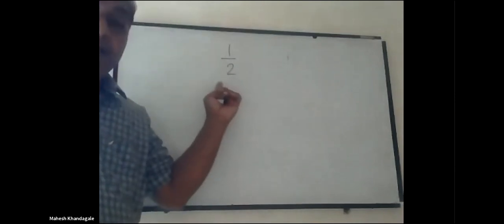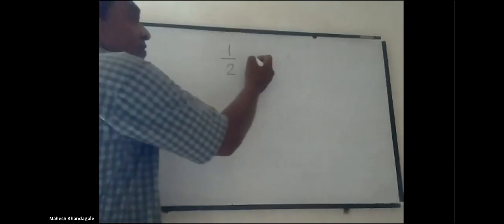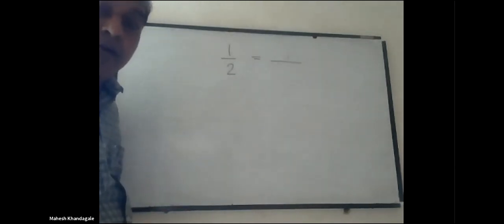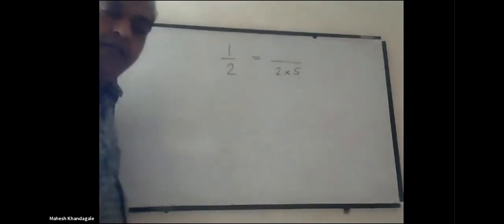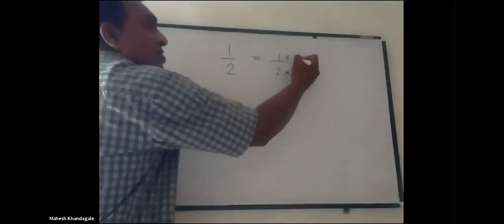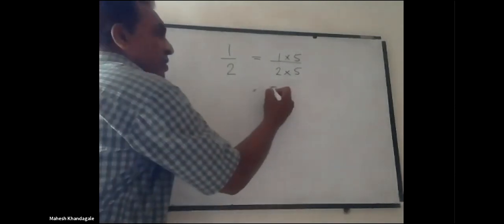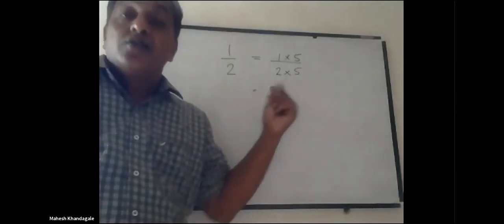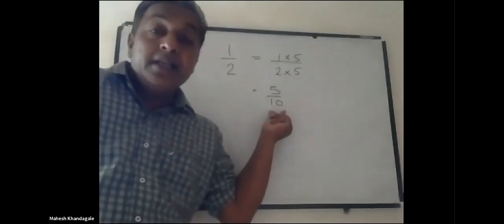So how can we write this with denominator as 10? We observe that if I multiply this 2 by 5, the denominator becomes 10. So I will multiply the denominator by 5, so the numerator also has to be multiplied by 5. So it becomes 5 by 10. This is a fraction whose denominator is 10.